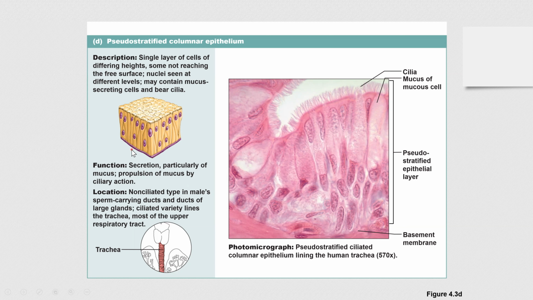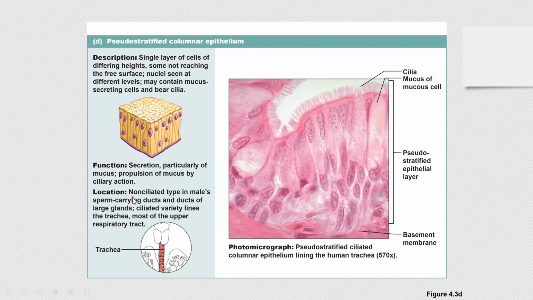It's a single layer of cells of different heights, some not reaching the free surface, but all of them touching the basement membrane. Nuclei are seen at different levels. It may contain mucus-secreting cells and bear cilia. So this cell over here is a goblet cell, a mucus-secreting cell, and on the surface you see cilia. Now function: secretion, particularly of mucus, and propulsion of mucus by ciliary action.